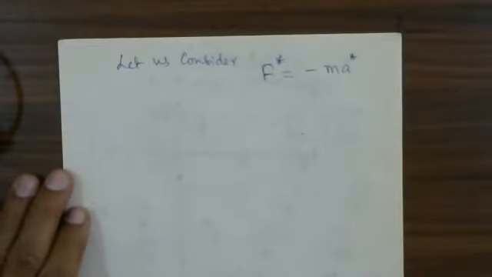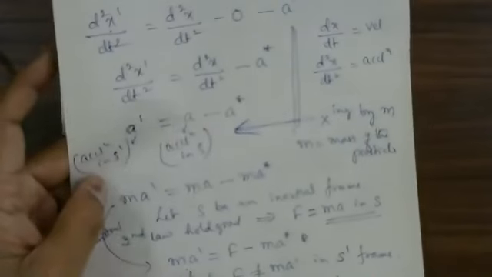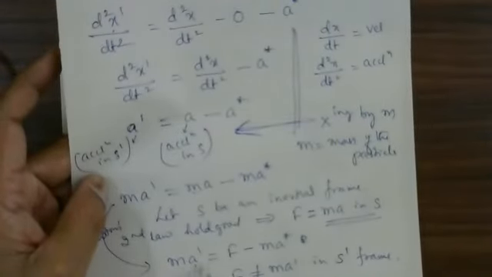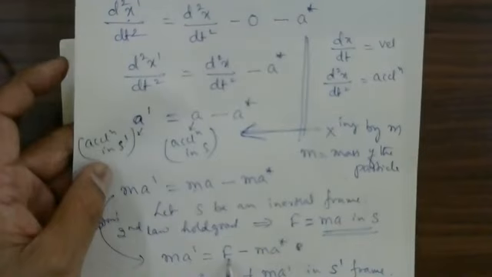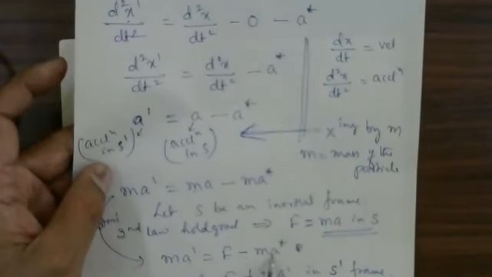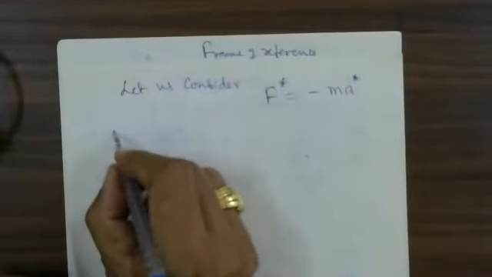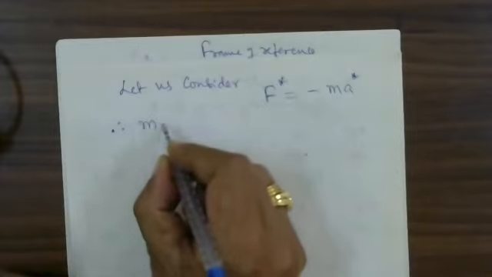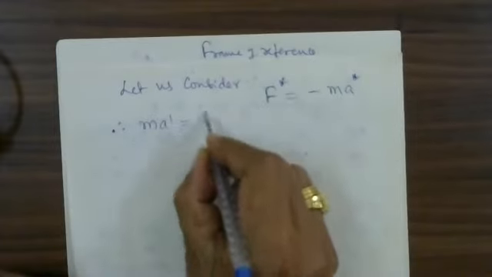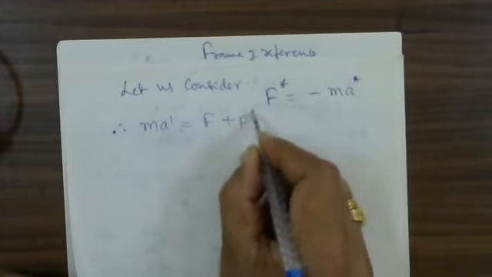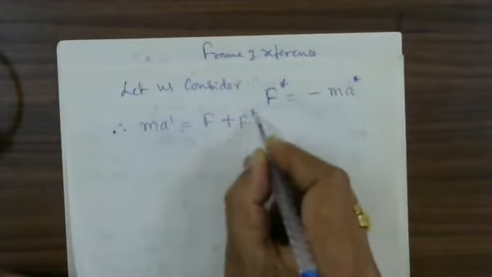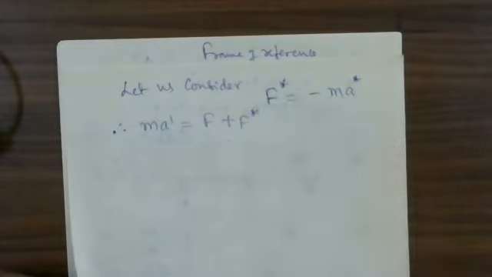Therefore, the previous derivation, ma dash is equal to F minus ma star, becomes ma dash is equal to F plus F star. This is coming as plus F star.